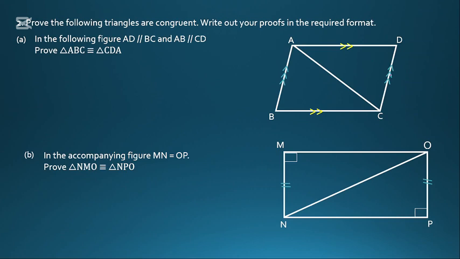So you think immediately of corresponding angles, alternate angles, and co-interior angles, right? Prove that triangle ABC is congruent to triangle CDA.